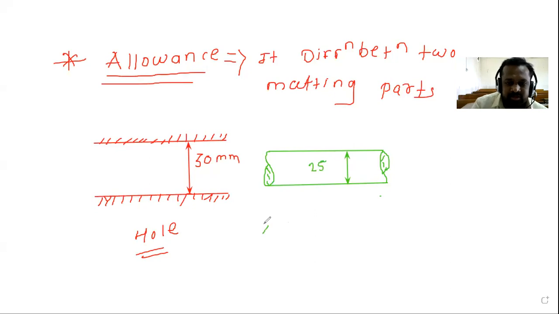Then what is the allowance here? Anybody, any idea? What is the allowance? The allowance is nothing but the difference between two mating parts.